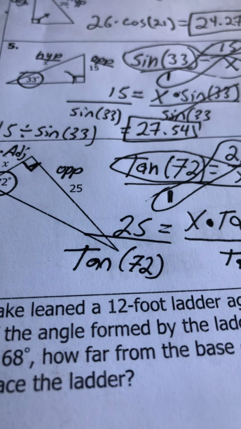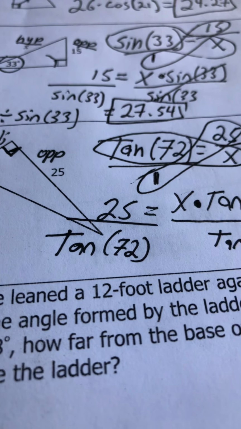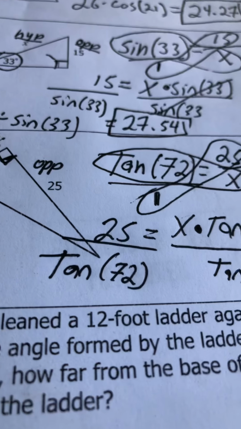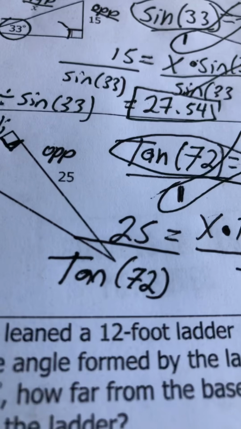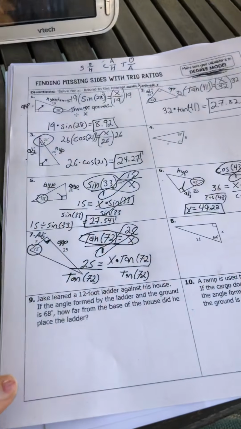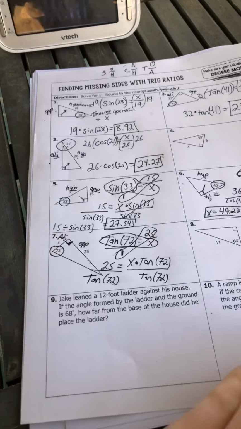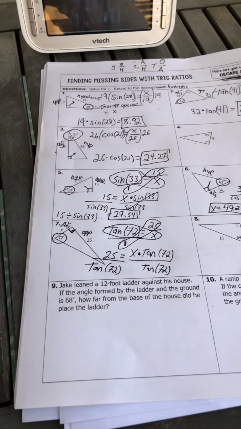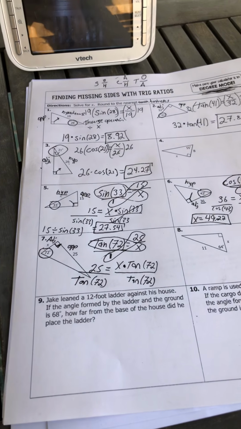So in our calculators, we're going to type in 25 divided by tan of 72. You guys do it. I won't give you the answer, I already set it up for you. Please, someone comment with that answer, and I will give you a gold star for the day.